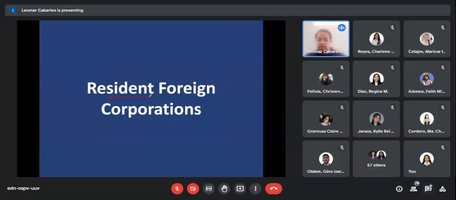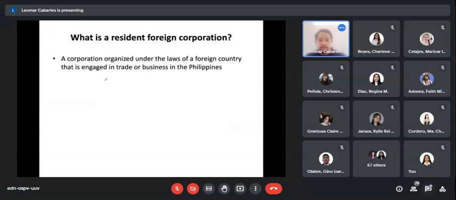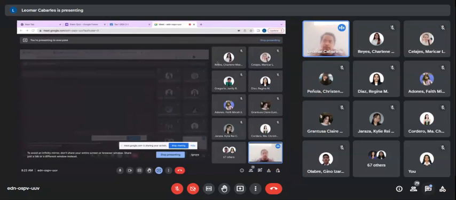Pag sinabing foreign corporation na resident, kaya siya foreign kasi nung inorganize siya under the laws of a foreign country. Okay? So yung laws of incorporation niya is hindi yung Revised Corporation Code natin as implemented by SEC.